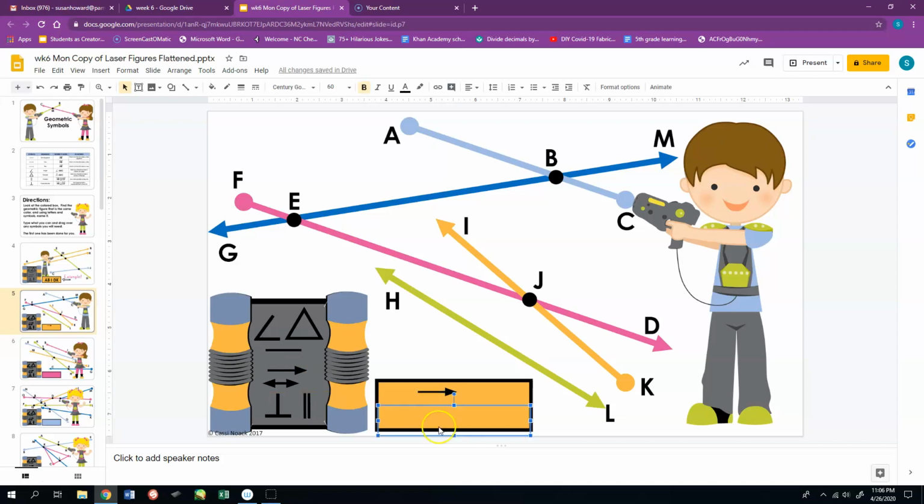Once I have my ray in place, I'm going to click on this box again, and I'm going to get a text box. Now my text box does not have to be that big. I'm going to shrink it down a little bit, and I'm going to put it up under my arrow. And now I'm ready to type the letters K-I. Remember, you begin with the end point on a ray.